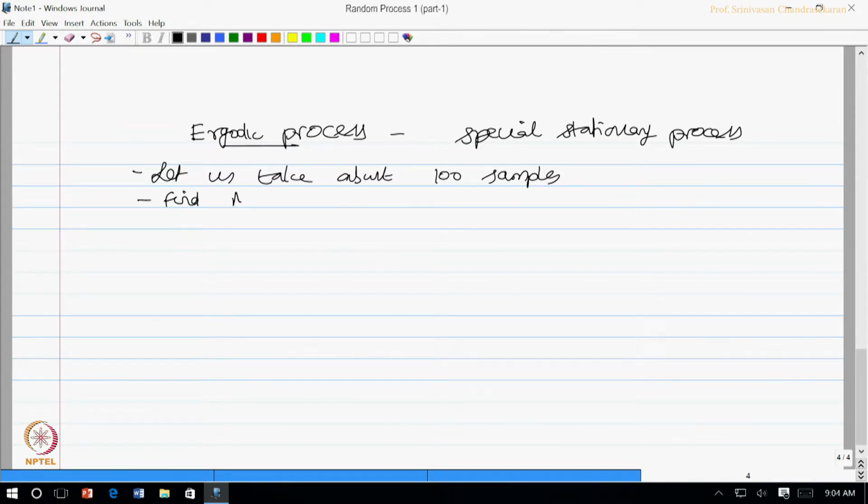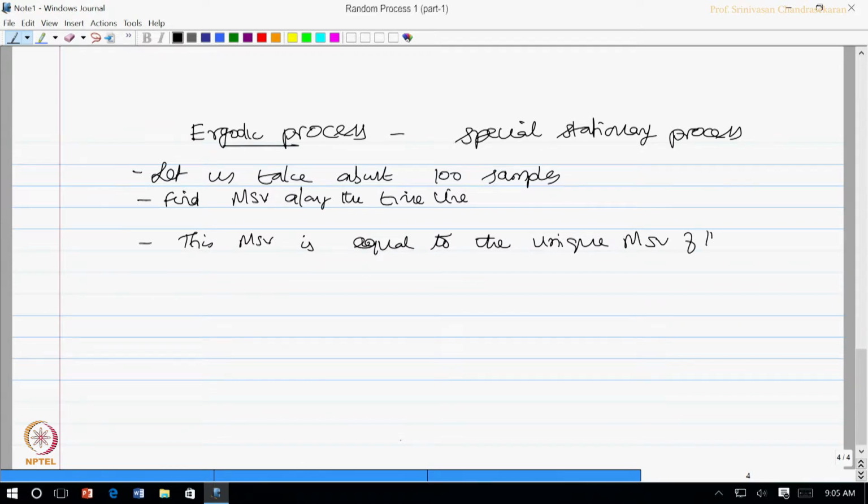Find the mean square value of all the samples along the timeline. If you find this mean square value is exactly equal to the unique mean square value of the ensemble, which you worked out in the last slide, then the process is called ergodic process.